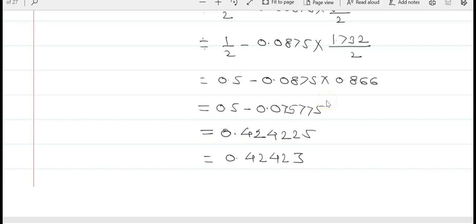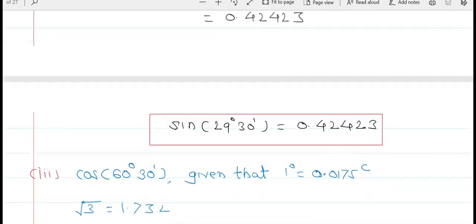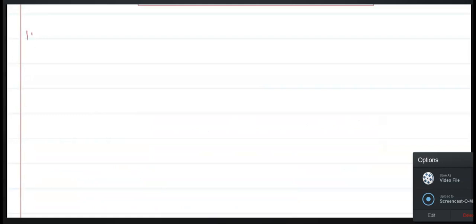This is equal to 0.42423. This is the answer. Now the next is number 3. That is the cos of 60 degree and 30 minutes.